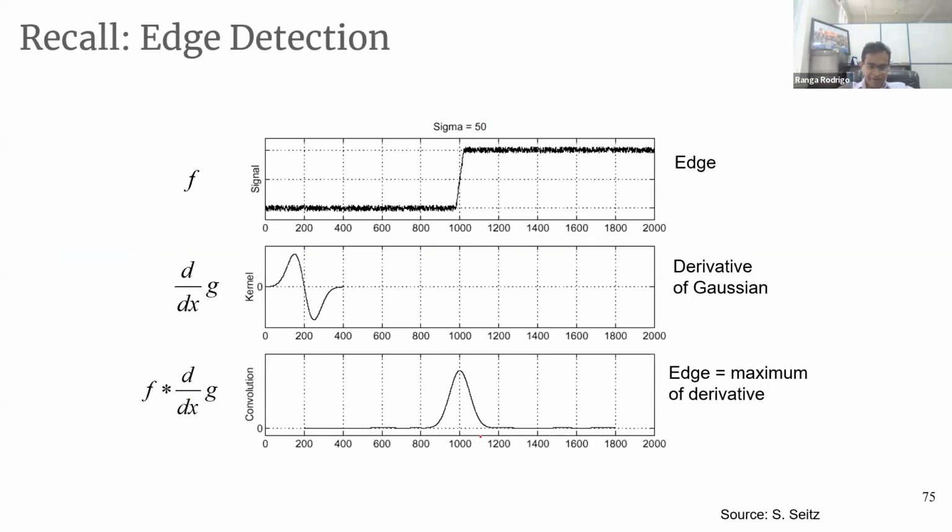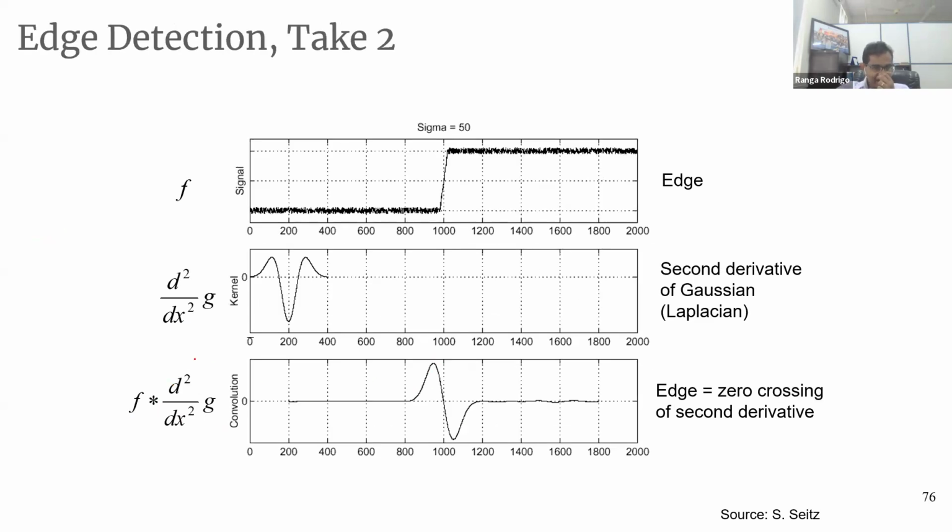So in the x direction, if you recall, we looked at this in the morning also today, you have the noisy image, and you have d by dx g, the derivative of the Gaussian, and you convolve the image with it. Here you can see you will get a peak. But in this case, we have d squared by dx squared g.